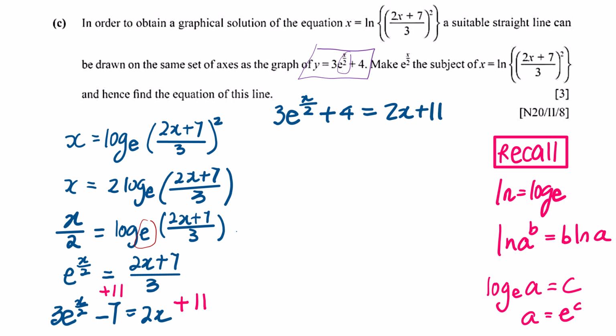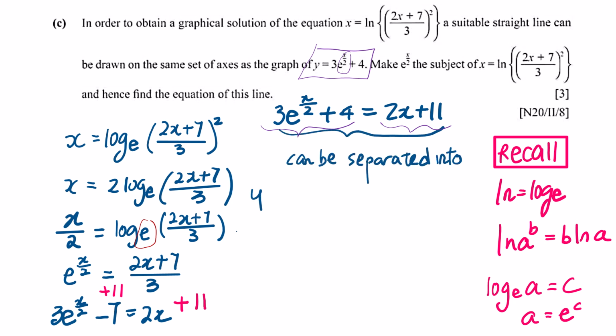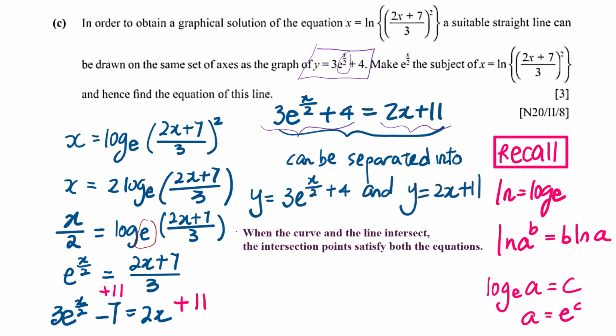Now we see that we have two equations. This one is one equation, and this is the straight line that you need to draw. When the curve and the line intersect, the x coordinates of the intersection points satisfy both equations.